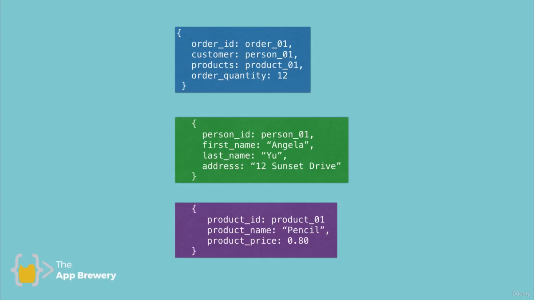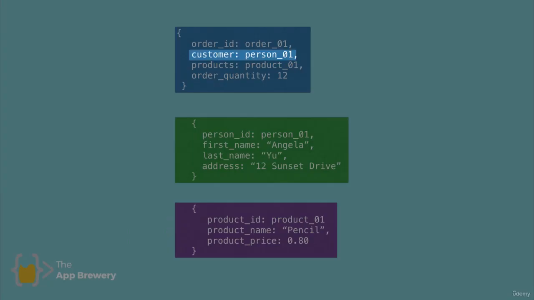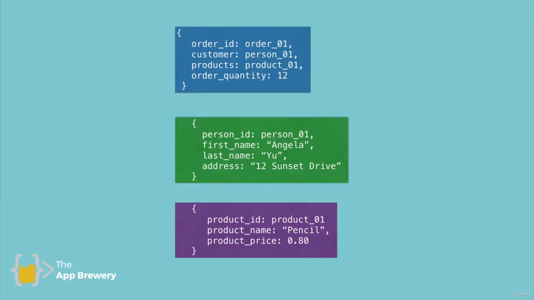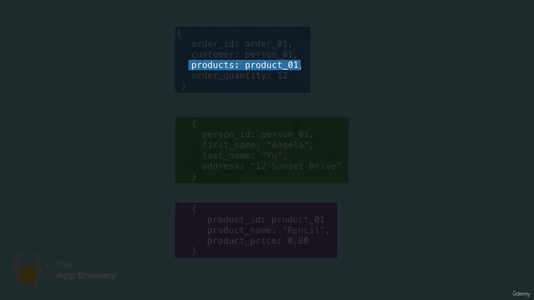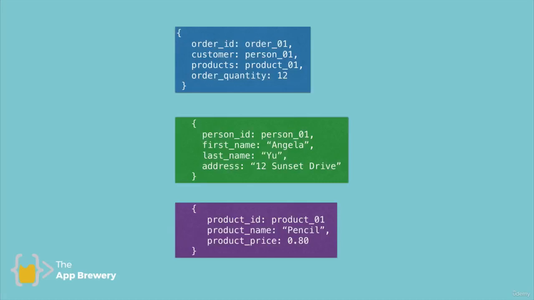So for example, in the order document, you can see the customer references the document with a person ID of person 1, and the product references a product with the ID of product 1. So this is how you might implement your relationships in a NoSQL database such as MongoDB. But it's a little bit clumsy.